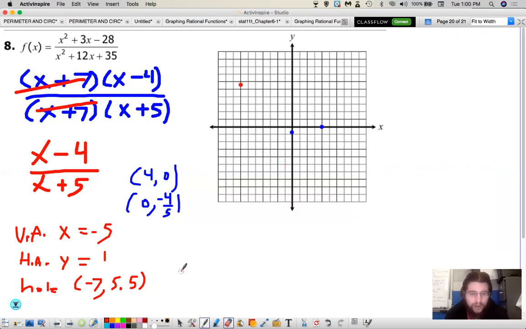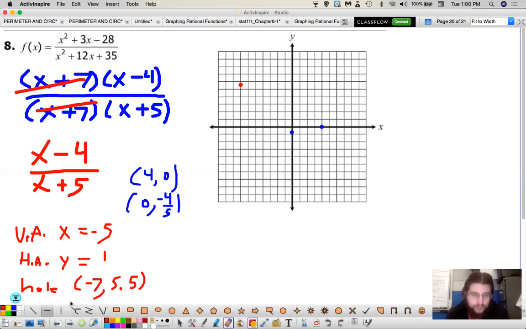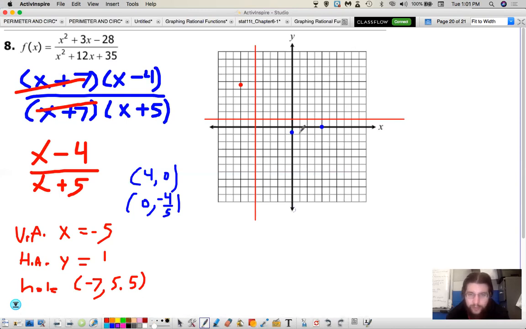And now let me plot my asymptotes so I can see what the heck's going on here. -5 for my vertical asymptote. 1 for my horizontal asymptote. Oh, I can go ahead and graph the dang thing because I can see the shape now.